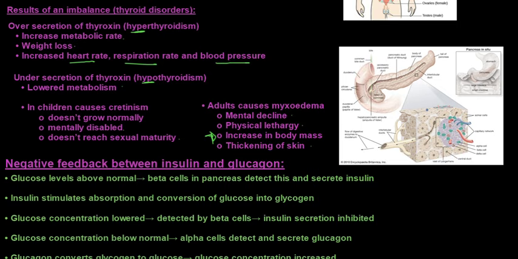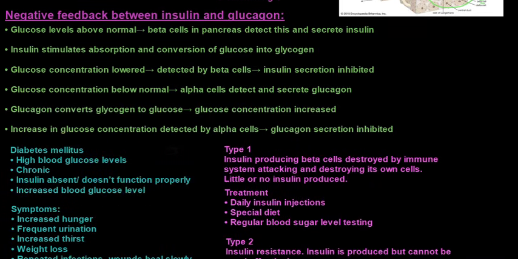Next, we'll look at negative feedback between insulin and glucagon. So once again, these are secreted in the pancreas, specifically in the islets of Langerhans. You've got alpha cells and beta cells, which are involved with this whole process. So when the glucose levels of the blood are above normal, which means that there's a high concentration of glucose in the blood, the beta cells in the pancreas will detect this, and they will secrete insulin.